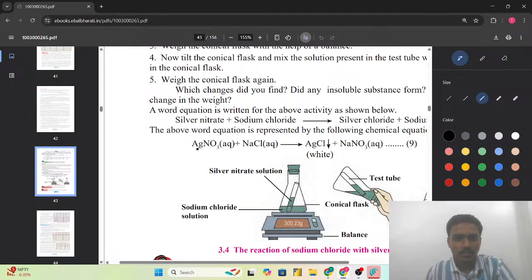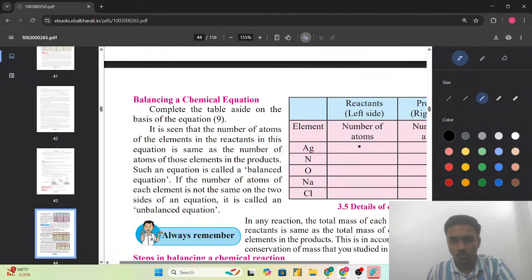So as we can see here, that silver on the reactant side, 1 is there. So number of atoms of the silver will be 1.